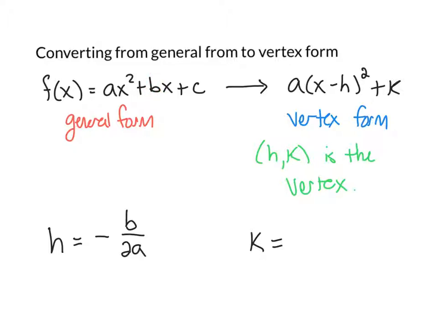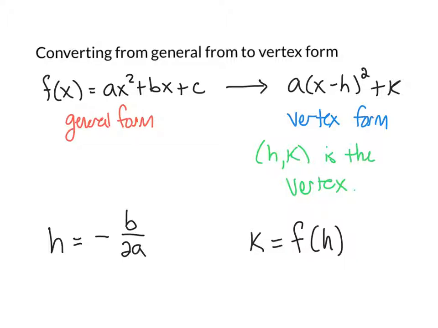Once we have our h value, we can compute k as f of h. So h is negative b over 2a, and k is found by plugging h back into the general form of our quadratic function. So we have these formulas, a brief overview.